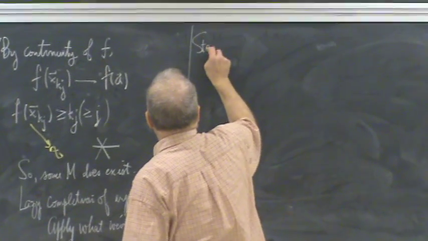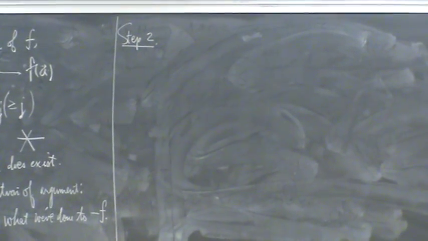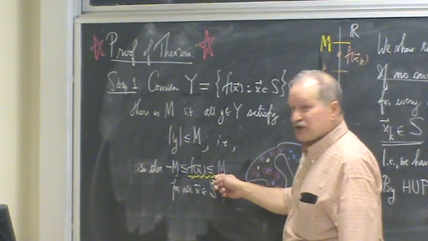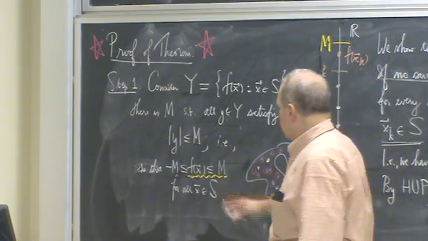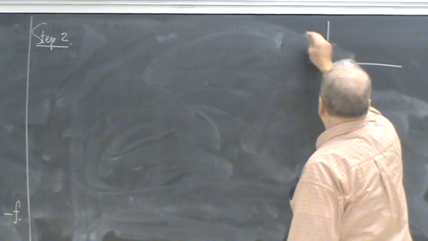What's step two? So step two now is to actually show that we have a maximum value. So we know the function values are bounded above. We want to now argue that there is, in fact, a maximum point.